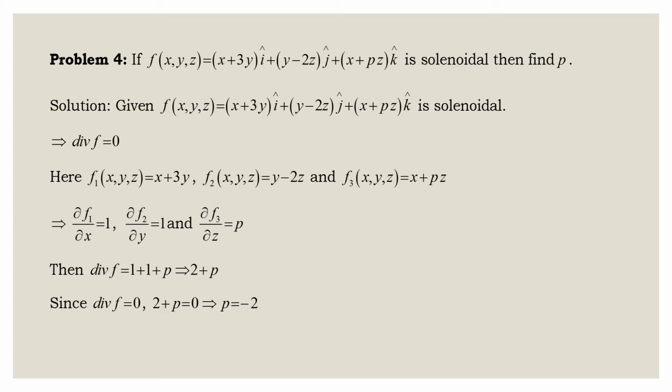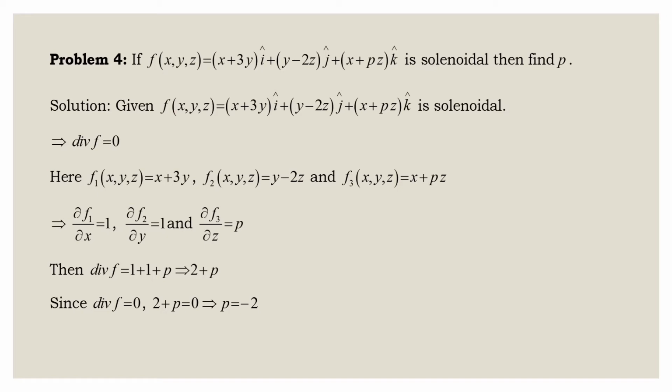Since the given vector field is solenoidal, we have to equate its divergence to 0 and find the value of P. First, let us find the divergence of the given vector field f. For this function, the component functions are f1 equals x plus 3y, f2 equals y minus 2z, f3 equals x plus pz.